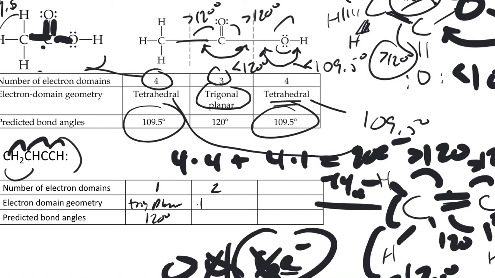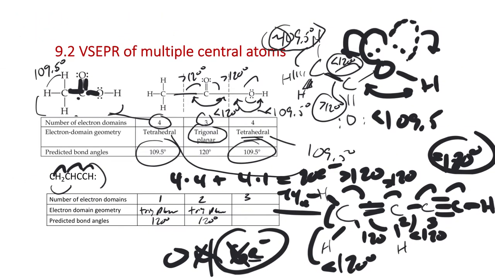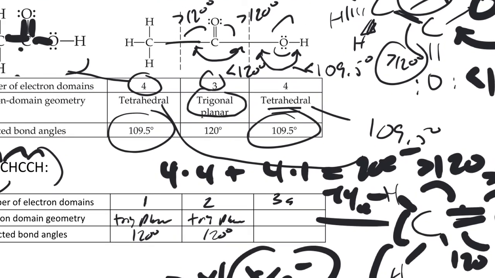Our second one was also trigonal planar, also close to 120. And our third and fourth atoms, so these 2 here, are linear, with 180 degrees.